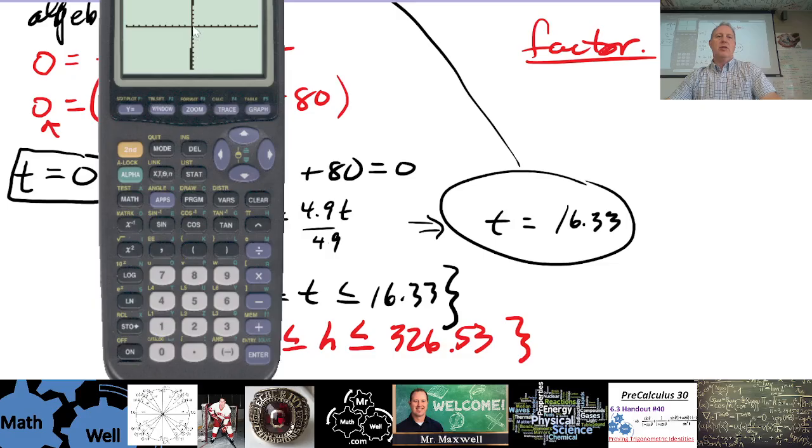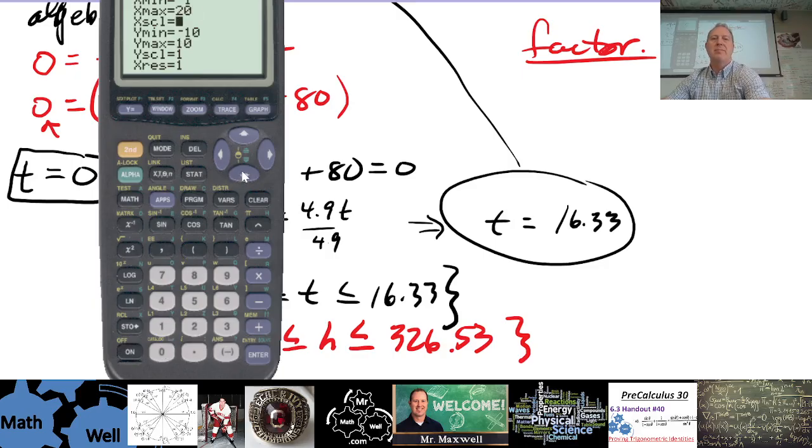Look, you can hardly tell, but it goes through 0, but it goes super high, and then comes back down. So I'm going to have to change the window here, which I will go through in the next lesson. But x min, I'm going to go just before 0. X max, we saw in our diagram that the rocket's in the air for at least 16 seconds, right? So let's go to like 20 or something.